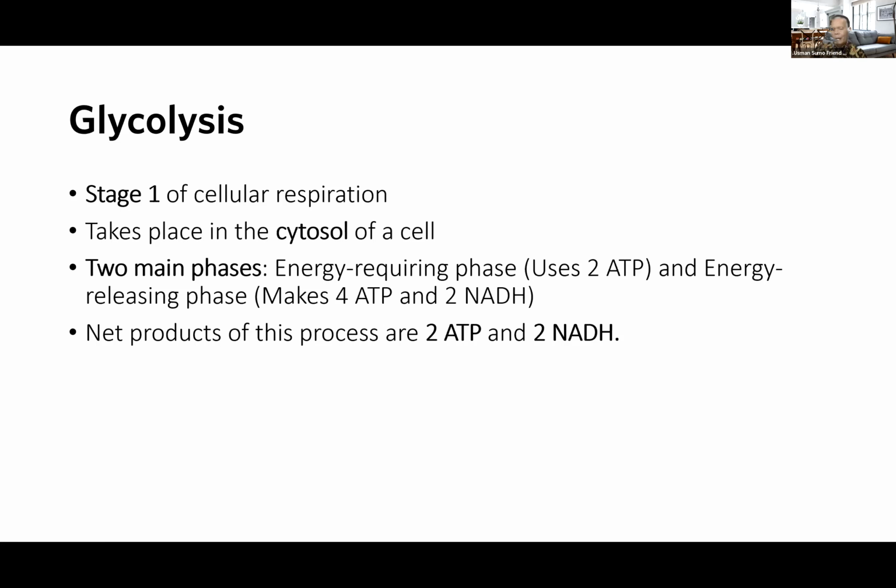In answering the question, you should keep in mind that you should convert 100 gram of glucose into mole. Then, how many moles of glucose do you get from 100 gram?